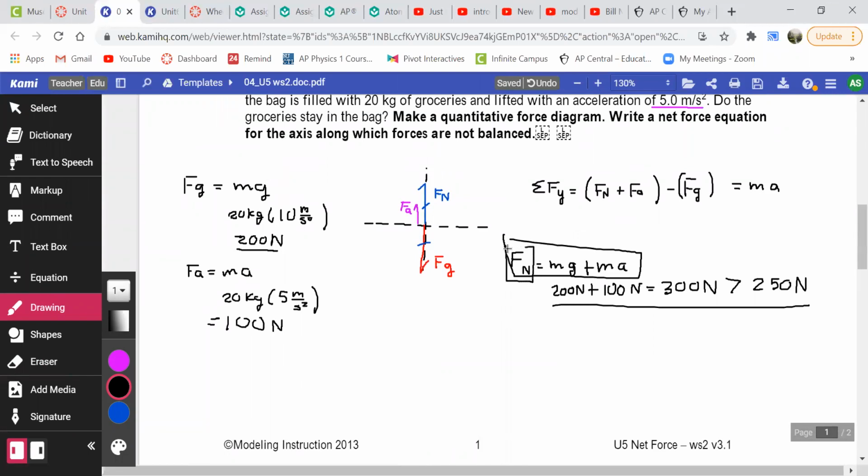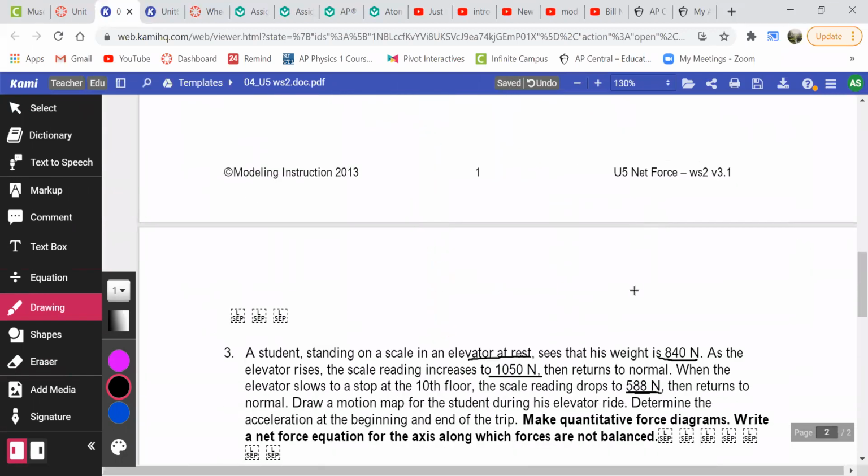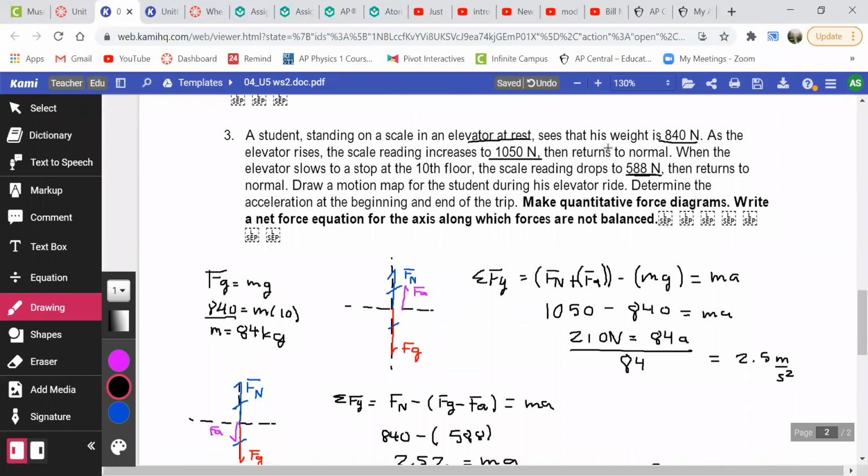You want to solve for ma, so you find the difference between the force reading on the scale and the force of gravity. In the first case, that difference is 210, and you set that equal to ma.